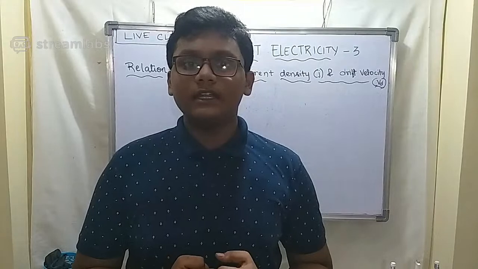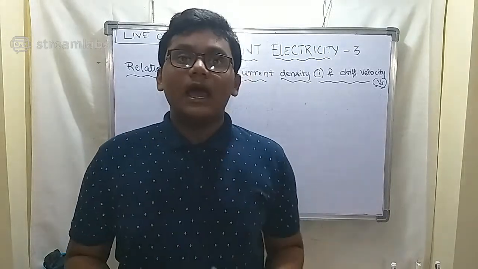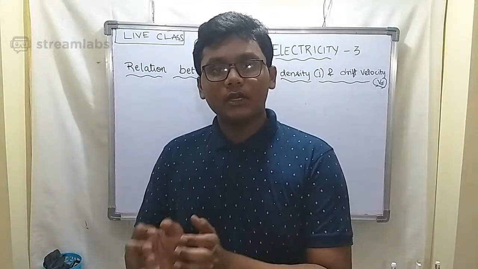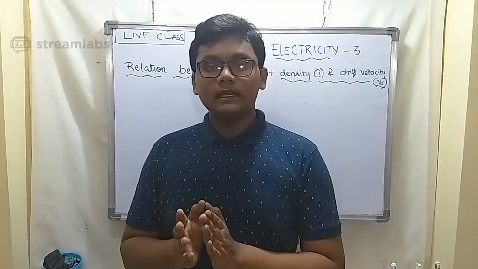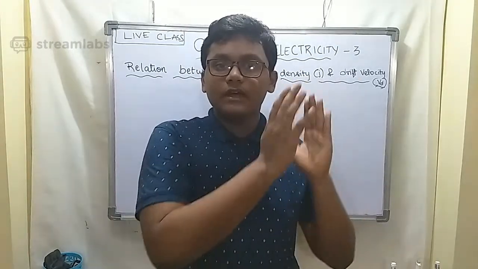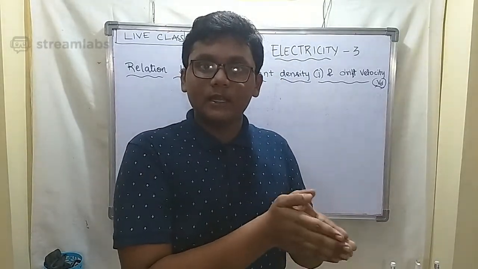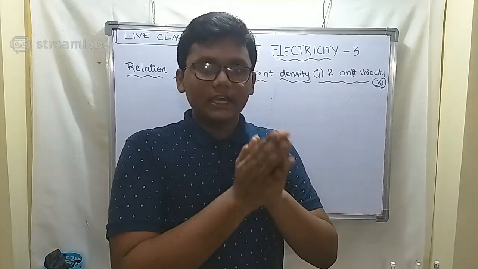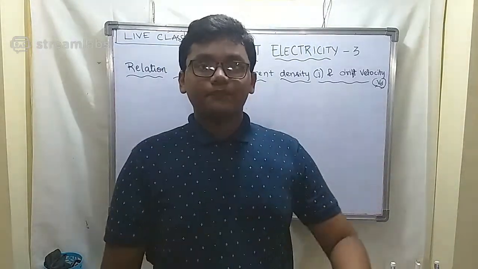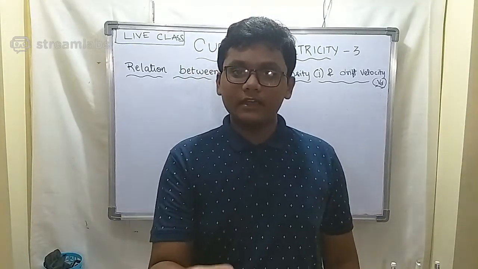Next, what we derived is drift velocity. What is drift velocity? When a metal conductor is connected to a power source or a battery, what happens is this. In the absence of the battery or power source, when an electric field is not applied, the electrons do random motion, and due to that random motion they get a thermal velocity of nearly 10 power 5 meters per second.